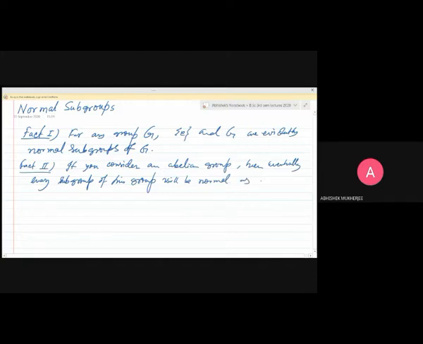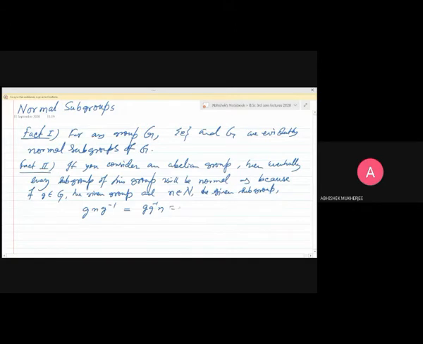Because if g belongs to capital G, the given group, and n belongs to capital N, the given subgroup, you will see that g n g inverse is actually g inverse g n, since the group is abelian.